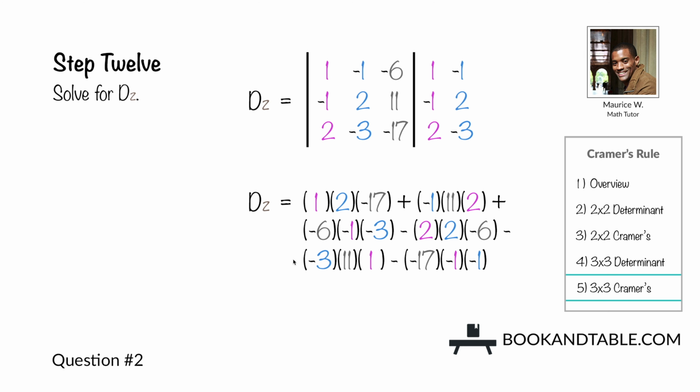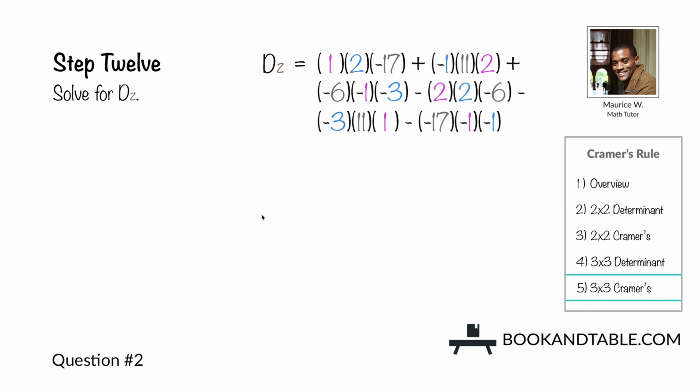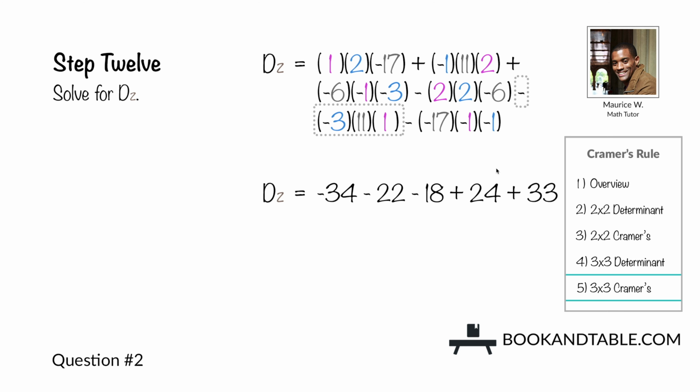And with this, we now have what we need to find dz, giving us dz is equal to 1 times 2, which is 2, times negative 17 is negative 34, plus negative 1 times 11 is negative 11, times 2 is negative 22, plus negative 6 times negative 1 is positive 6, times negative 3 is negative 18, negative 1 times 2 is negative 2, times 2 is negative 4, times negative 6 is positive 24, negative 1 times negative 3 is positive 3, times 11 is 33, times 1 is 33.